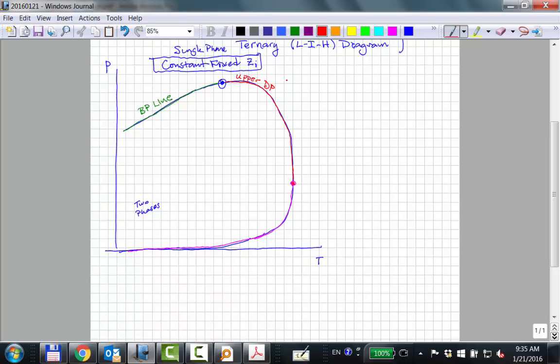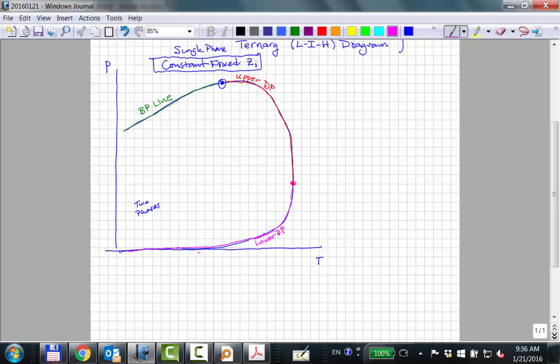And that's the one we're generally concerned about in petroleum reservoir engineering, and maybe not production engineering. And then this lower one down here, we just call the lower dew point. And at any temperature in our system, from reservoir to surface, that lower dew point will typically be less than 1 atmosphere, which means way down here.